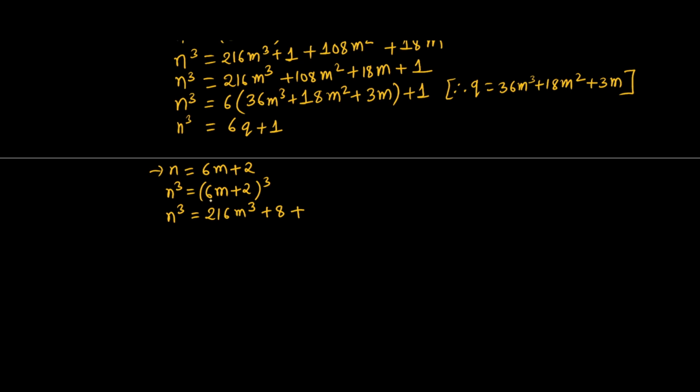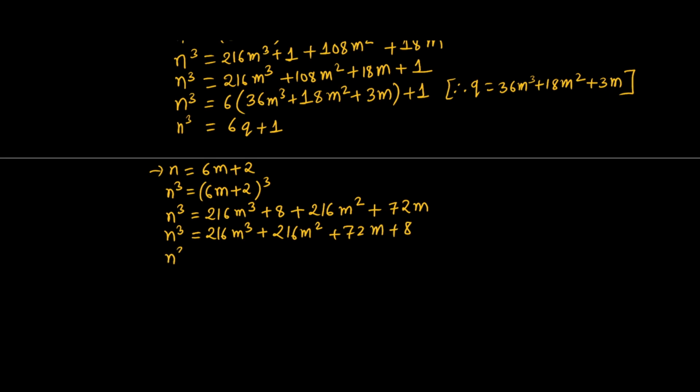So a square will be 36. 36 into 3, 108. 108 into 2, so 216 m square plus 3ab square. So 6 into 3 is 18. 18 into 4, 72. 72 m. So we will arrange in exponential form. So we will get 216 m cube plus 216 m square plus 72 m plus 8.